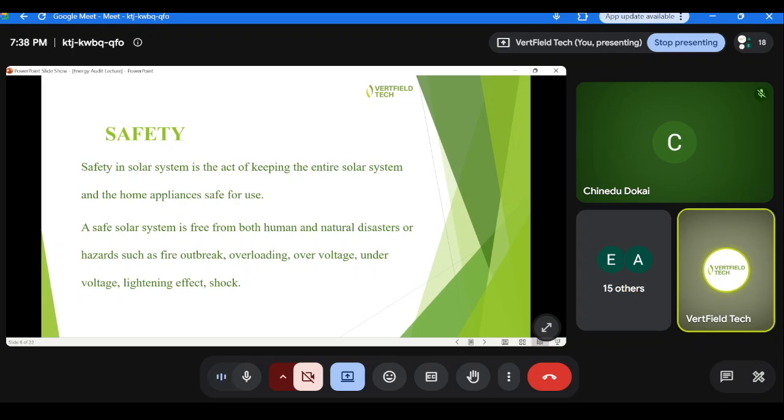So what is the danger that we fear during the raining period? It is what we call a lightning strike. Those lightning strikes are in the form of high voltages above 1000 volts. Some go as high as 1500 volts. And you know that your solar panel is in the open space, okay?